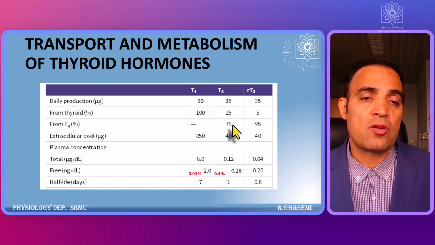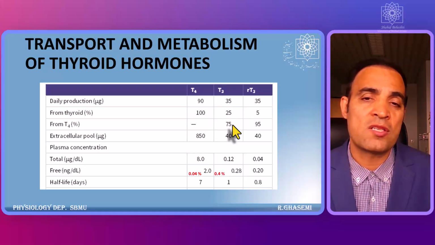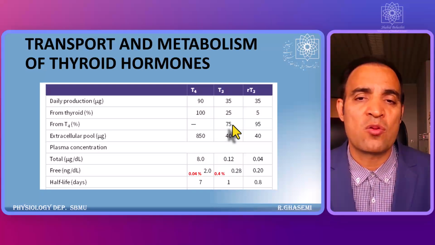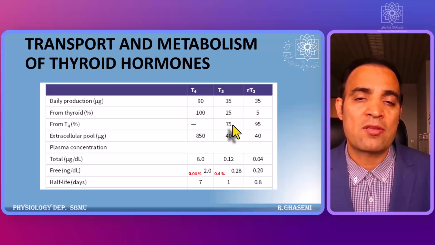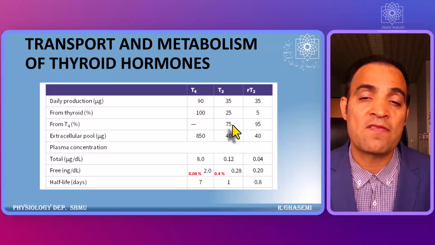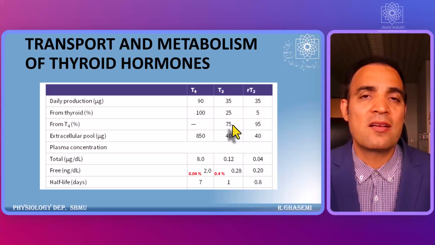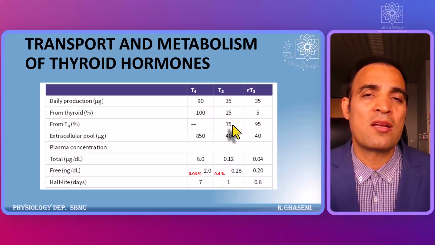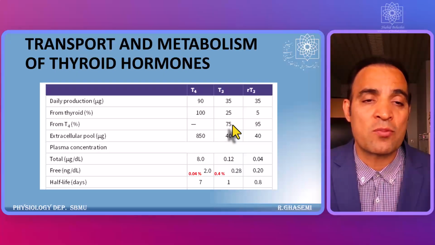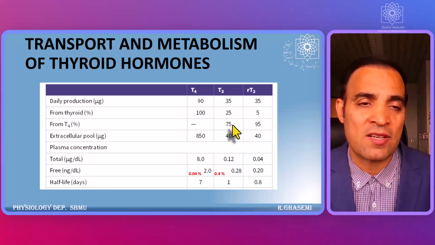The extracellular pool of this hormone is also very interesting. As you can see, the main storage form of thyroid hormone is T4. There is about 750 microgram. I can say that about 10 days of production of T4 is stored in the extracellular pool, and 40 microgram as T3 and reverse T3.